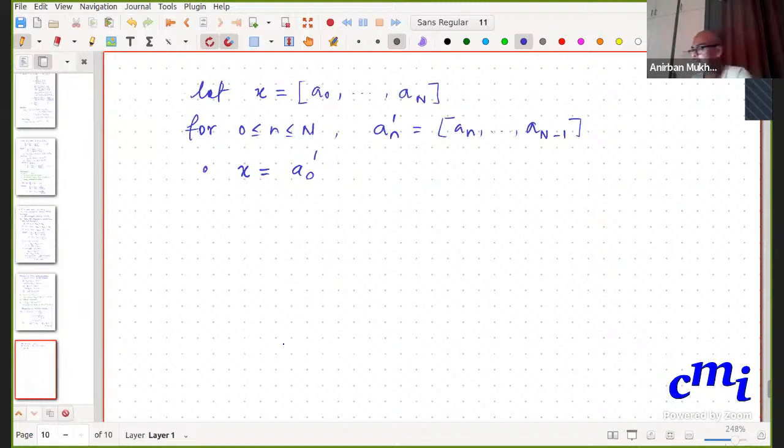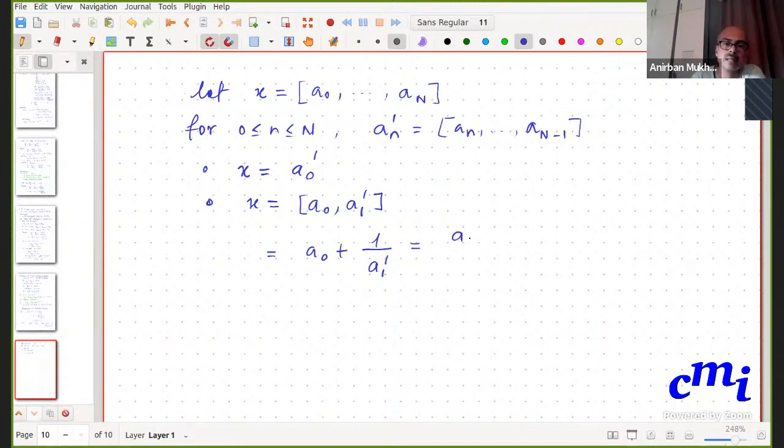And we also have this relation. For n equal to 1, x is this, and x is also a0 plus 1 over a1 dash.